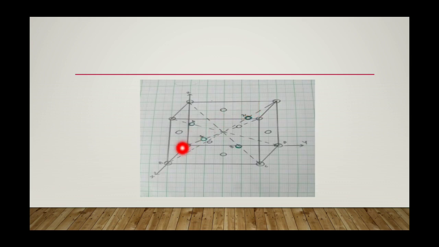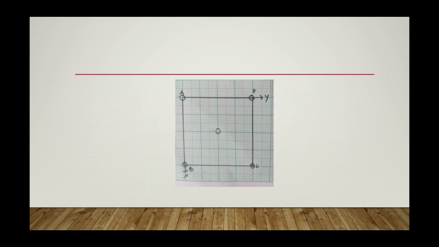ABCD, this is our basis. Then the atoms are at the corners and the face center. Other atoms are not on the base plane, they are above the base plane. We projected them onto the base plane.